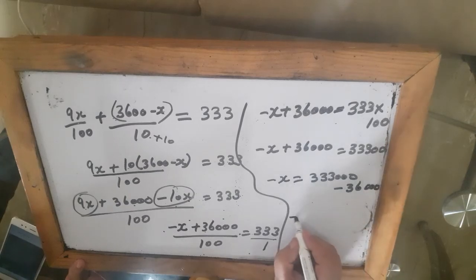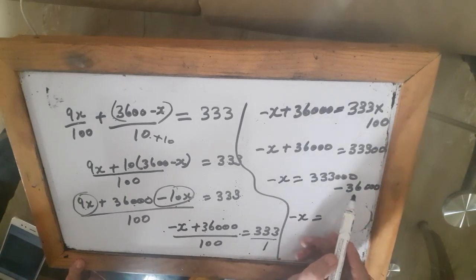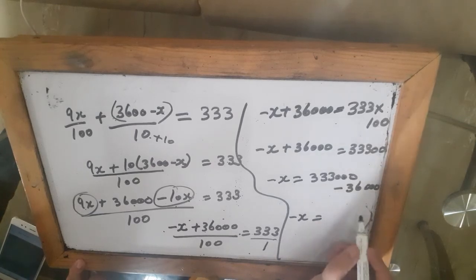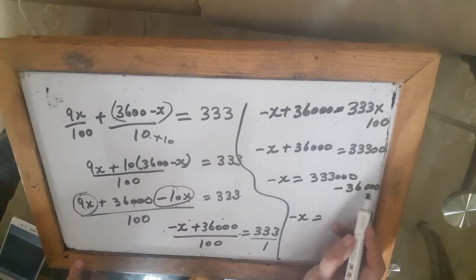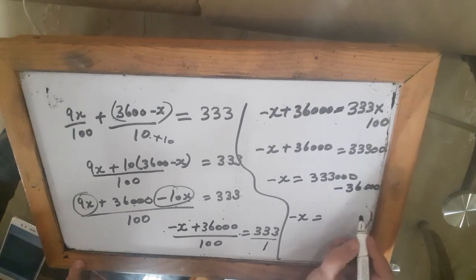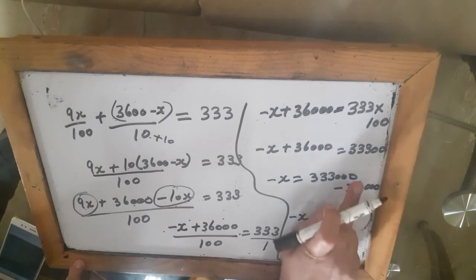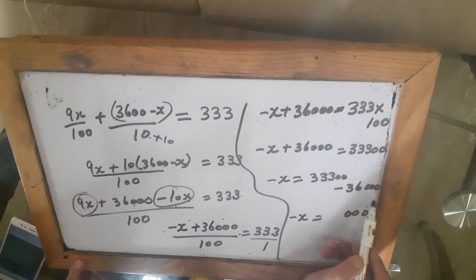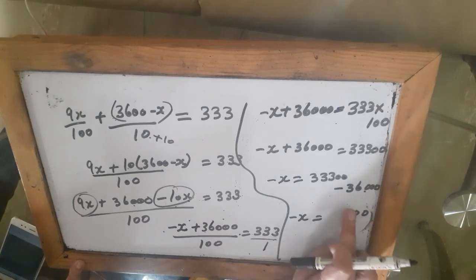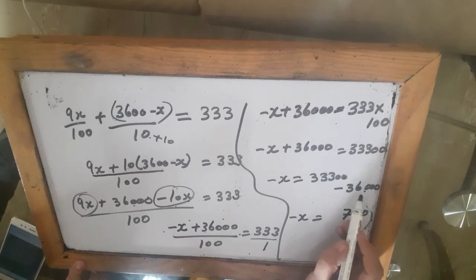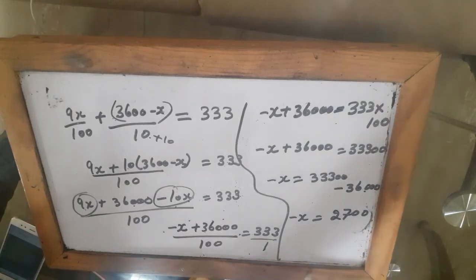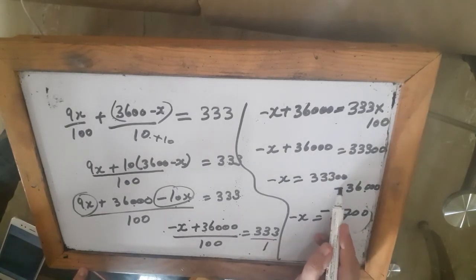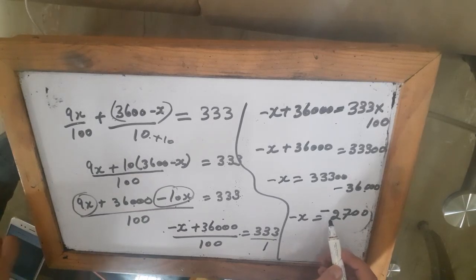Because one term is positive and the other is negative, you have to subtract them. So from 36,000 you will subtract 33,300, which gives 2700, and because this number is bigger, this also will be minus.